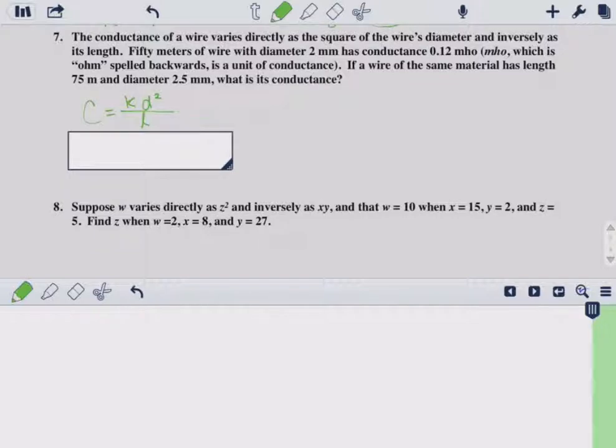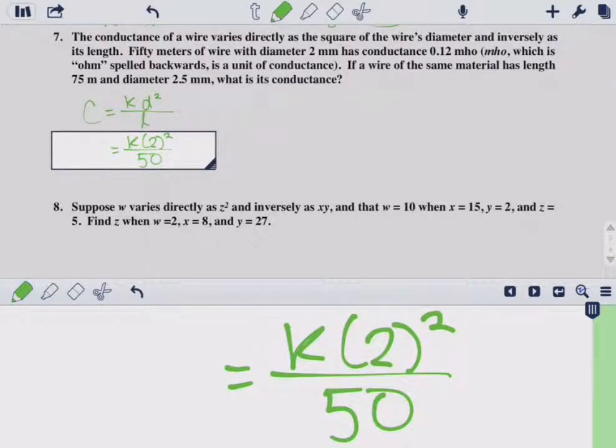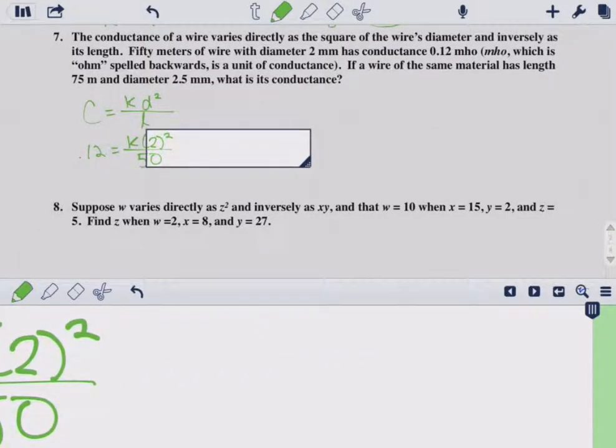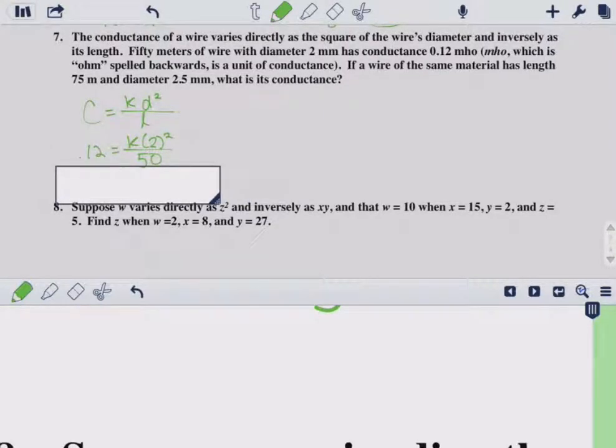So 50 meters of wire, that's the length, with a diameter of 2 millimeters, so I've got 2 millimeters squared, has a conductance of 0.12 mho. They tell us that's ohm spelled backwards.